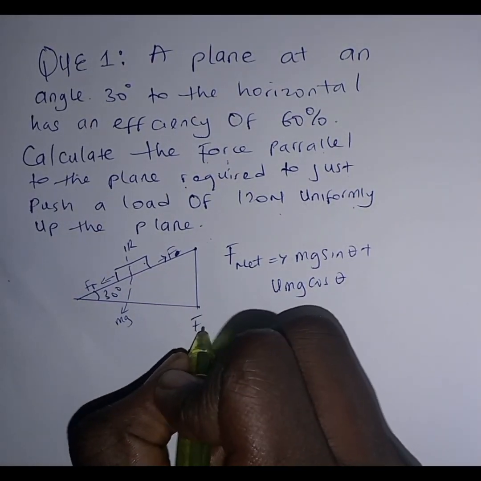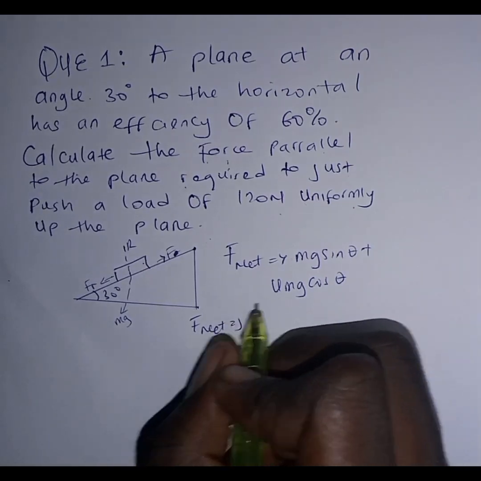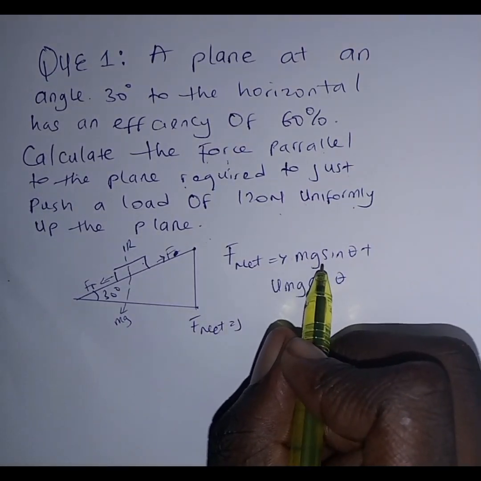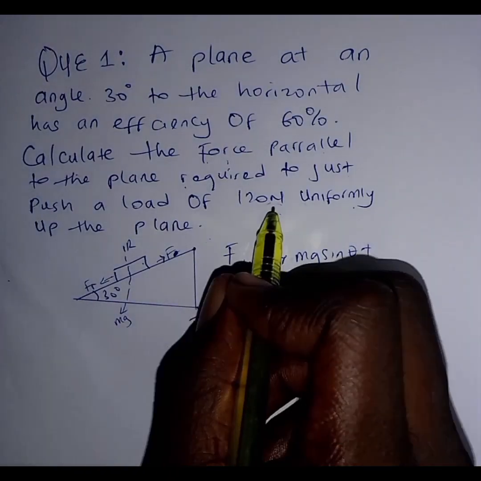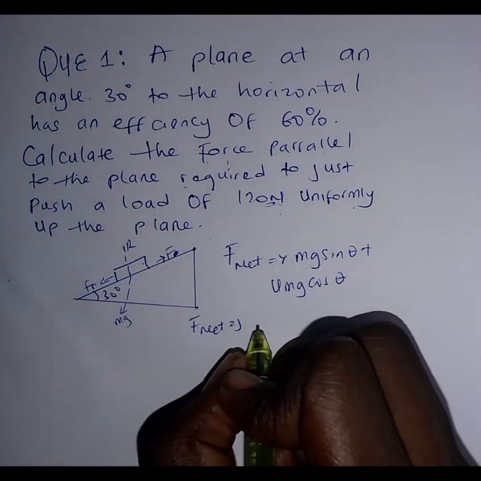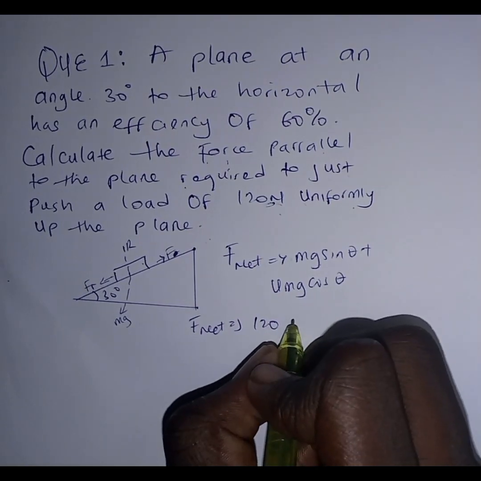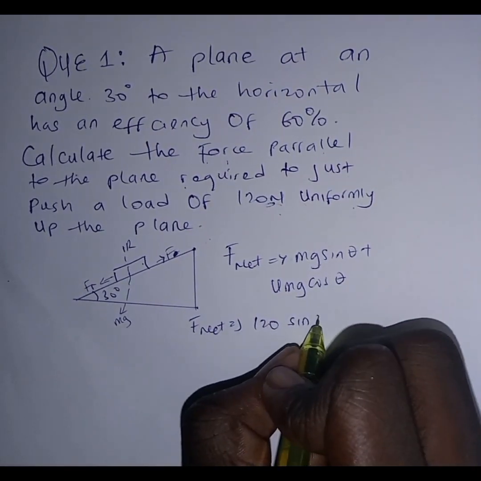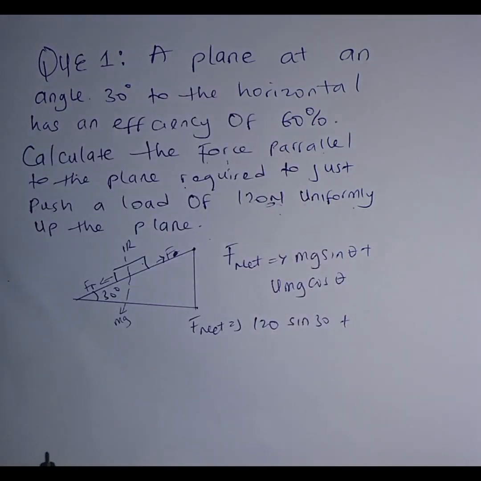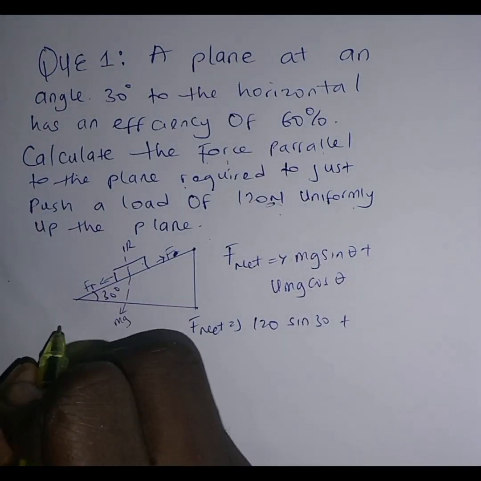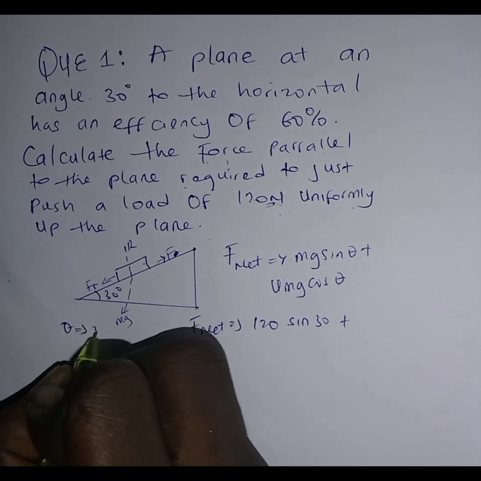So therefore my F net will become mg, which is mass and gravity, the weight you have been given here, which is 120 Newton. So 120 sin 30 plus mu, the coefficient of friction. Now we are given the angle here, theta is 30 degrees.